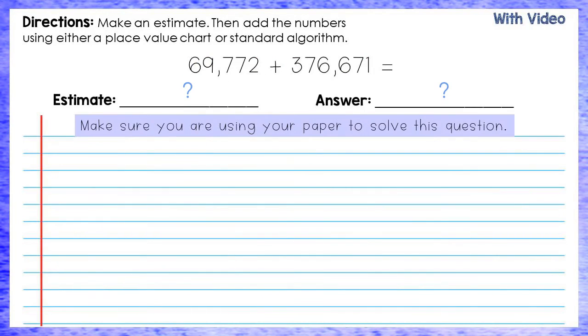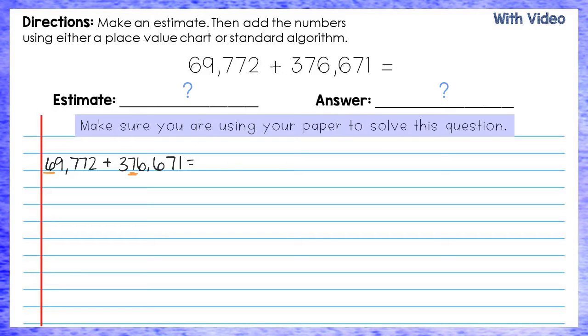On our next problem, we're going to go a little bit faster. So you're going to copy down your problem onto your paper right here. Pause the video and do that. Now we're going to estimate. All right, I'm going to round to the nearest 10,000 because these both have 10,000s.